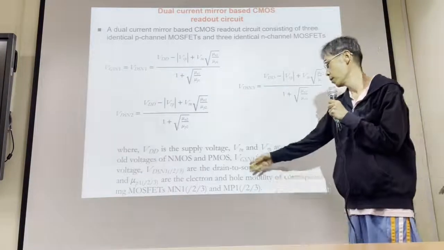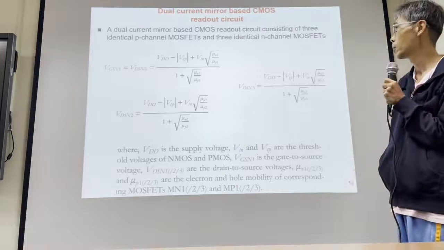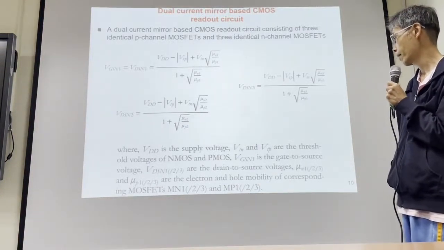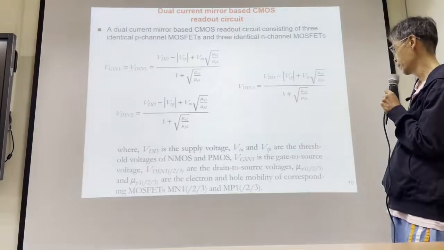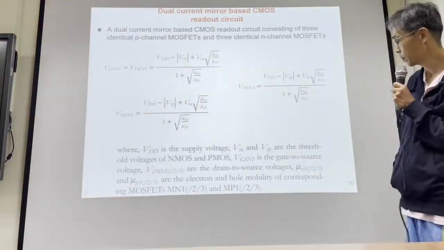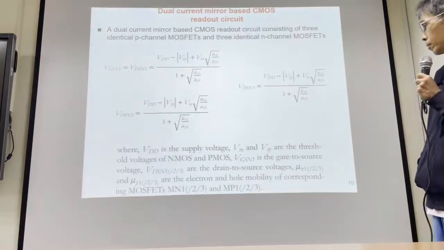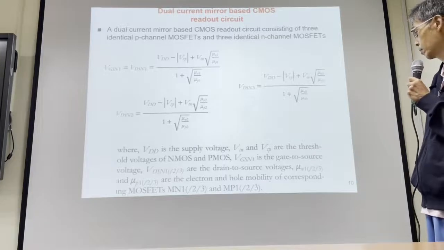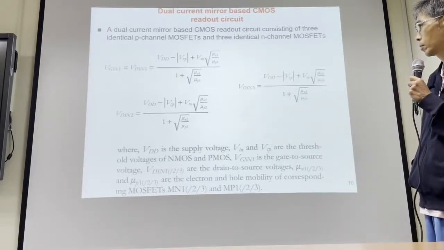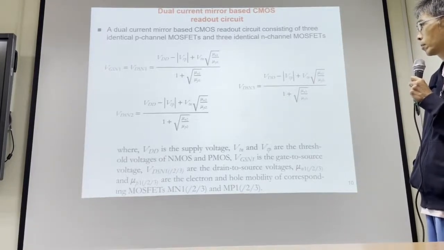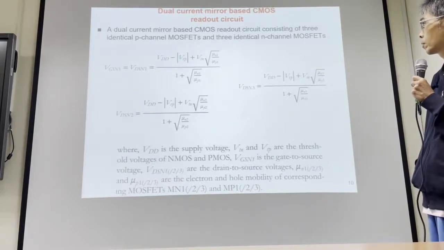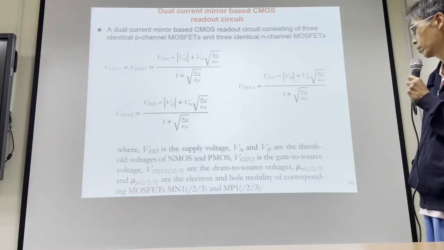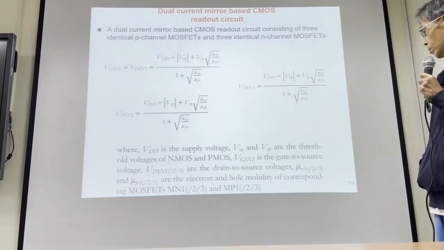Gan, could you read this? VDD is the supply voltage. Vin, VTN and VTP are the threshold voltages for NMOS and PMOS. VGS1 is the gate to source voltage. VDSN1 is the drain to source voltage.